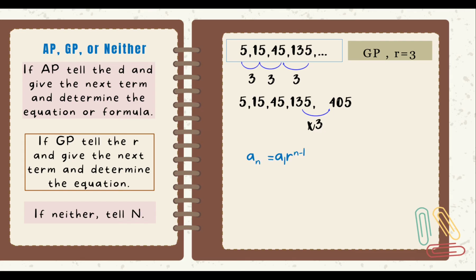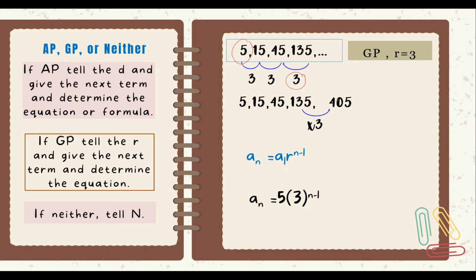Let us also establish the equation for this sequence following the format a sub n is equal to a sub 1 multiplied by r raised to the n minus 1, substituting whatever is given. So we have a sub n is equal to 5, which is our very first term, and 3, which is the common ratio. And we raise the common ratio to n minus 1.